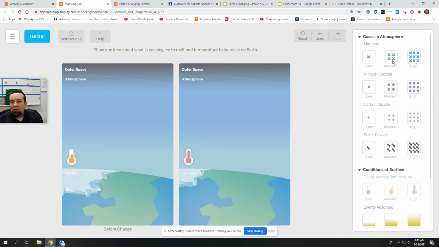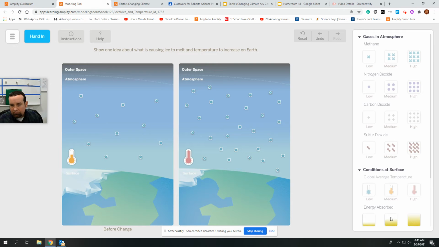So I'm just going to pick cow farms, methane. What we see here is we have our medium temperature with a medium amount of methane. We've got our hot temperature over here, so now I'm going to increase the methane over here.